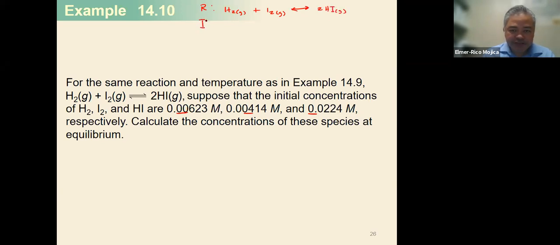So what is the initial concentration that we have here? This is 0.00623. This is 0.00414. And this is 0.0224. And what are the changes? What's the changes that we have here? Anyone?